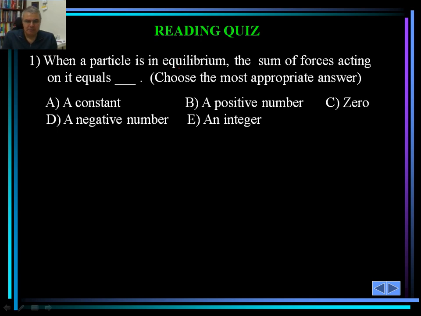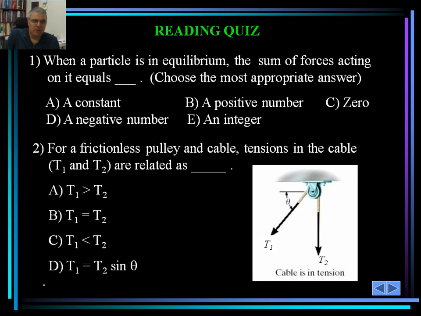The second question is for a frictionless pulley and cable. Tensions in the cable T1 and T2 are created by what? We have a frictionless pulley and cable, and we apply two forces, T1 and T2. They are both in tension.